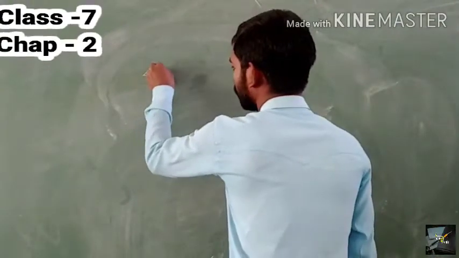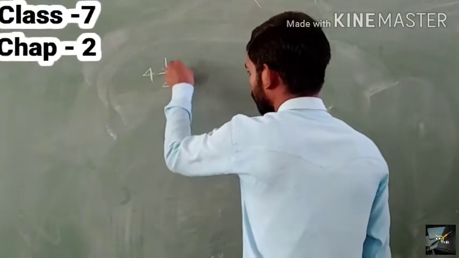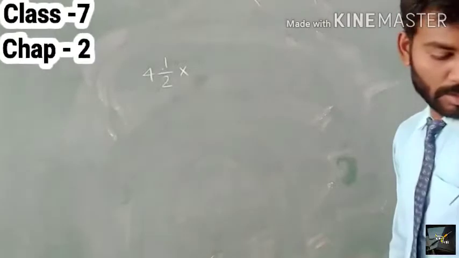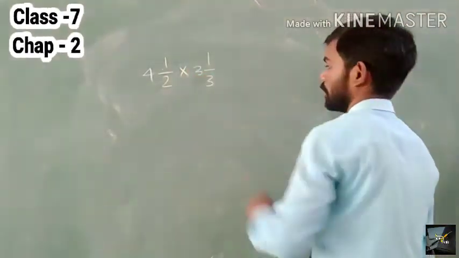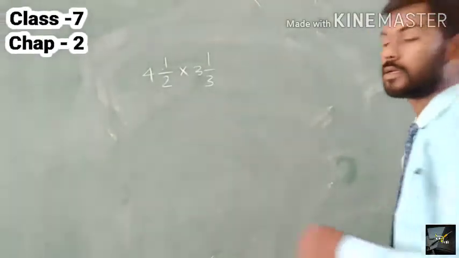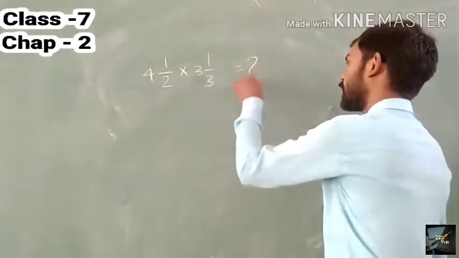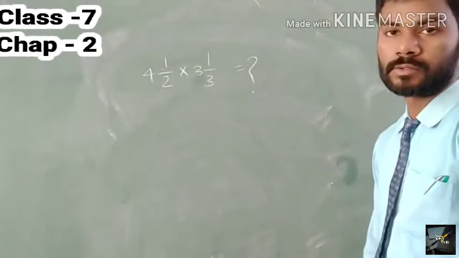The question is given: 4 whole 1 upon 2 multiplied by 3 whole 1 upon 3. We have to find the product of these two fractions.